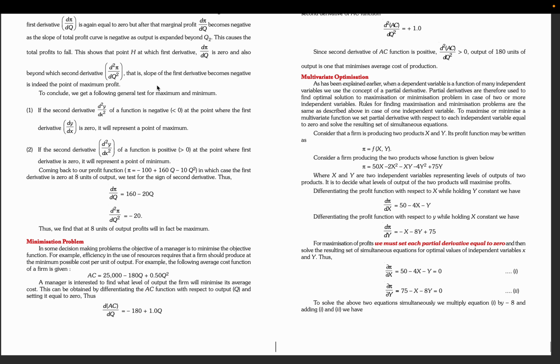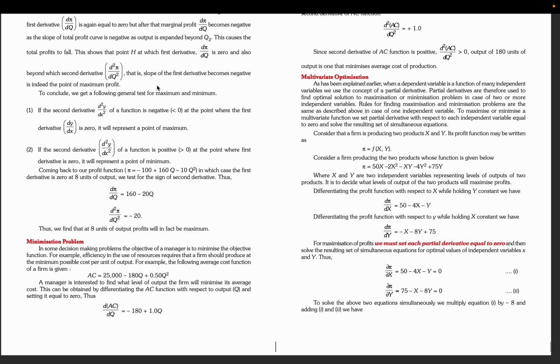To conclude, we get the following general test for maximum and minimum. If the second derivative of a function is negative at the point where the first derivative is 0, it will represent a point of maximum. If the second derivative of a function is positive at the point where first derivative is 0, it will be the minimum. Coming back to our profit function, you already had 160 minus 20q as the first derivative.